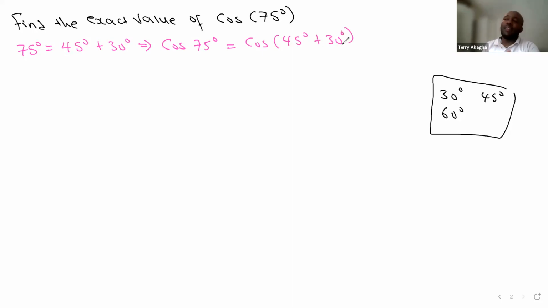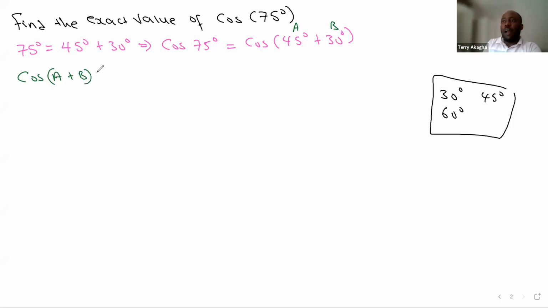Now that is the only difference from what we've been doing. This is the same as having cos(A plus B).